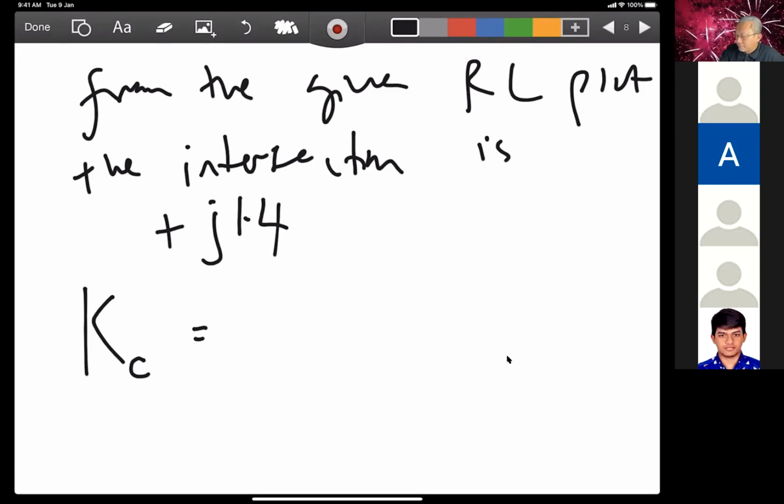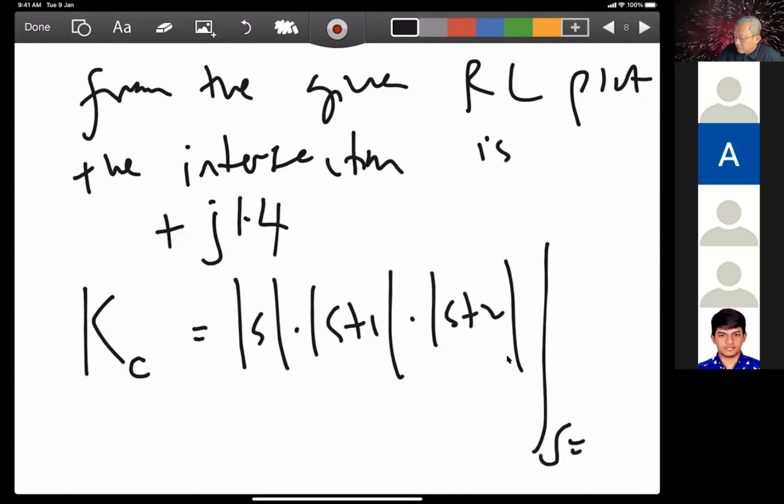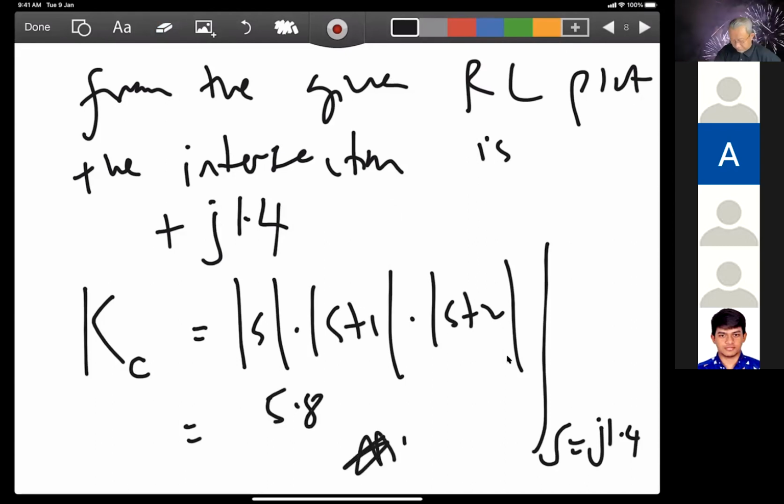With the help of the equation S into S plus 1 into S plus 2, and then I put S equals j1.4 and took the magnitude. Okay, so you will get 5.8. Correct.